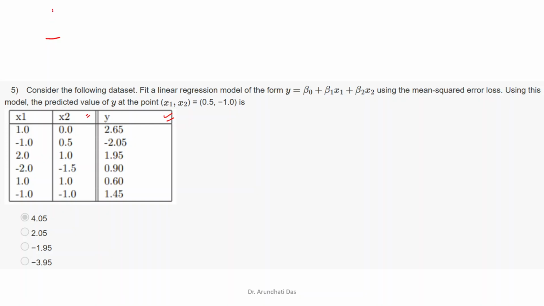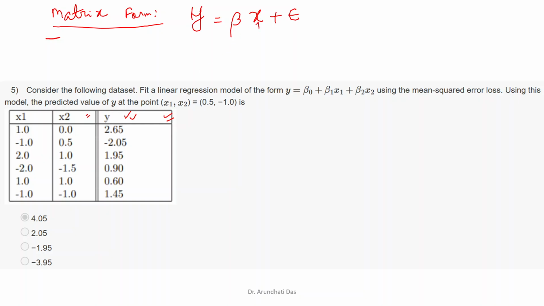In matrix format, this entire data set will be represented in the form of y equal to beta x plus epsilon. Here this y will represent all the values given in the data set, all the y values or the target feature values.